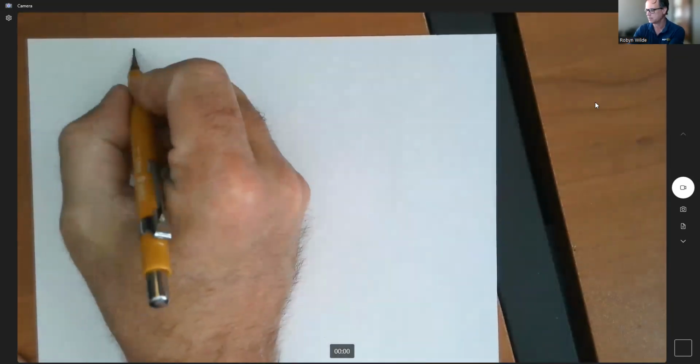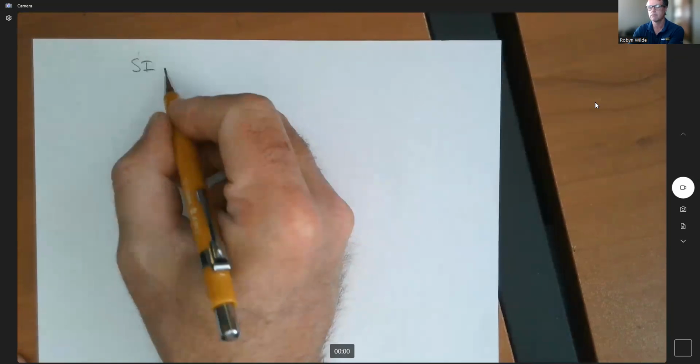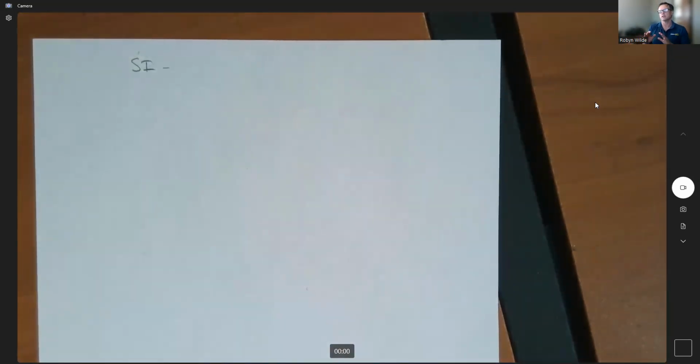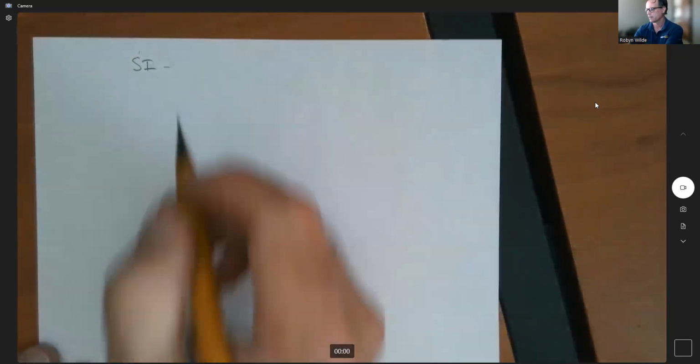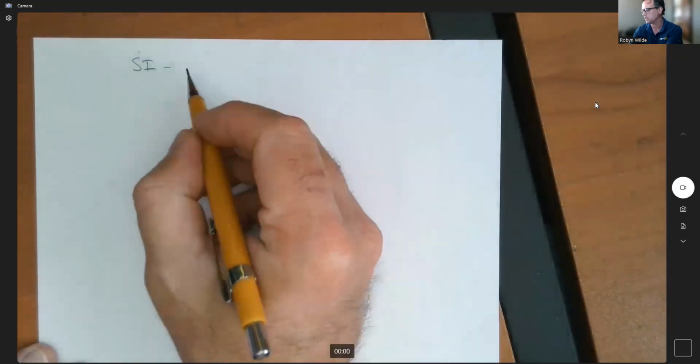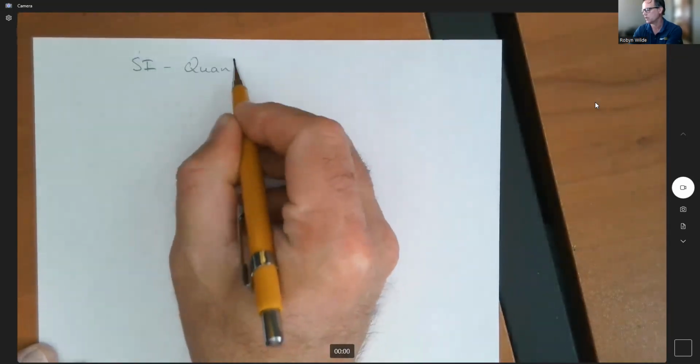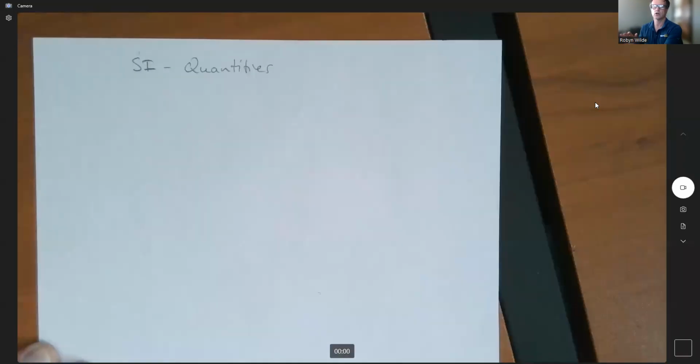One of the things that you hopefully saw there was that we have this metric system of units that we're going to typically use, often called the SI system, international system of units. In the SI system, the fundamental units that we are going to deal with this term have to do with some quantities, right? And what are quantities?